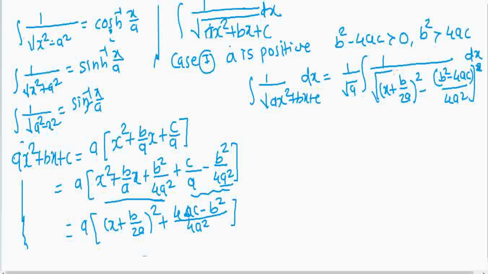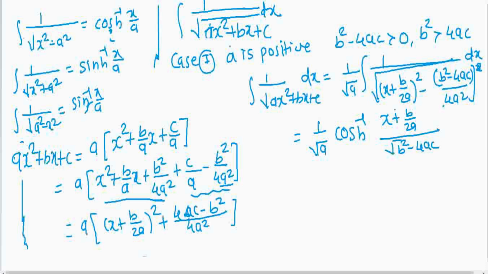This is an under root term, so it is of the form x square minus a square, the first formula of this integration. We can apply that: 1 divided by the square root of a into cosh inverse of x plus b divided by 2a divided by the square root of b square minus 4ac over 2a.